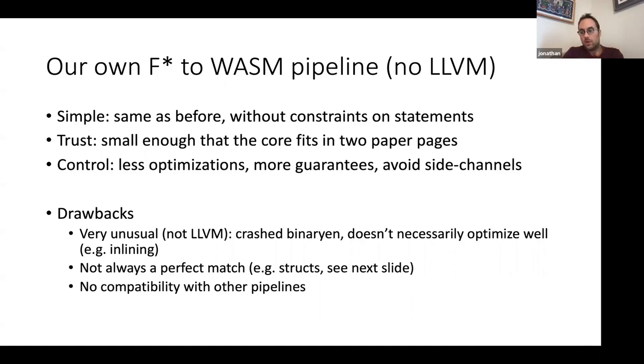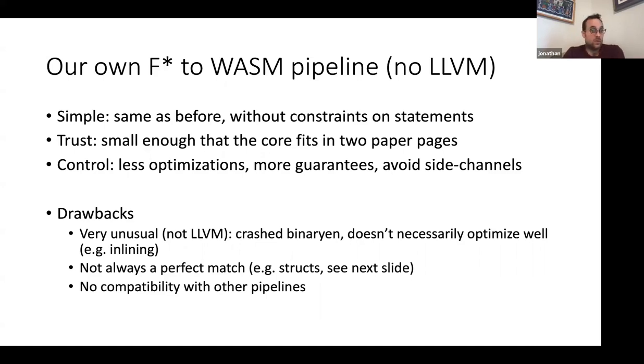And one of the other reasons why we rolled out our own backend is that we were looking at things like Emscripten and going to asm.js, and we could see very aggressive optimizations that sometimes broke the side channel resistance that was baked into our code. So we were able to also verify that our custom compilation backend did not introduce side channels.